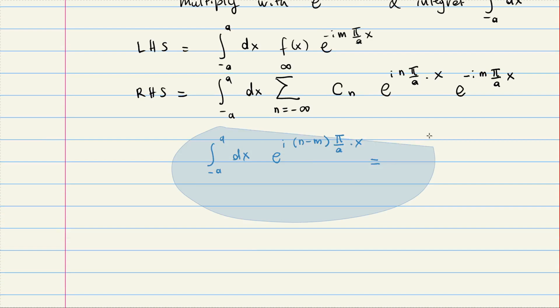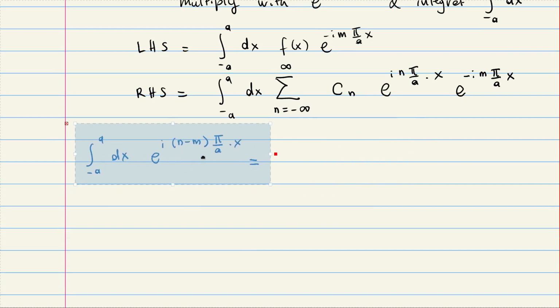Let me write it here. This thing is equal to, if n is equal to m, this is 0 in the exponent, and the integral is immediately 2a. If n is equal to m, there is no simpler integral than that.